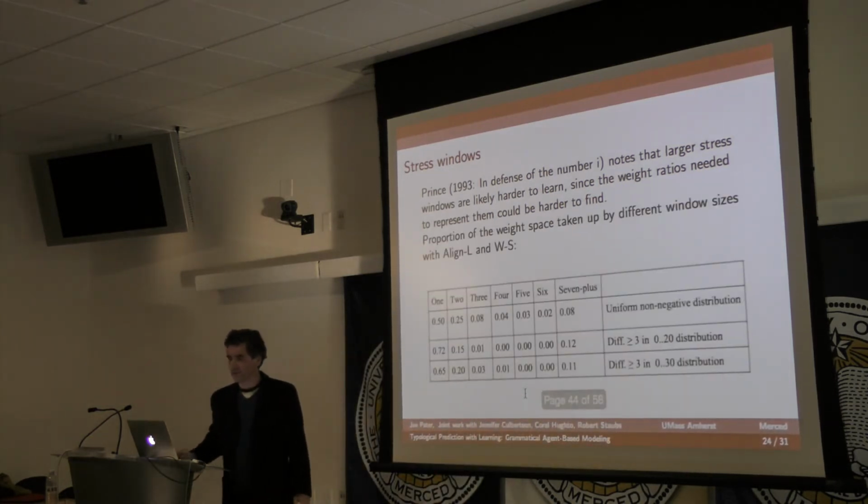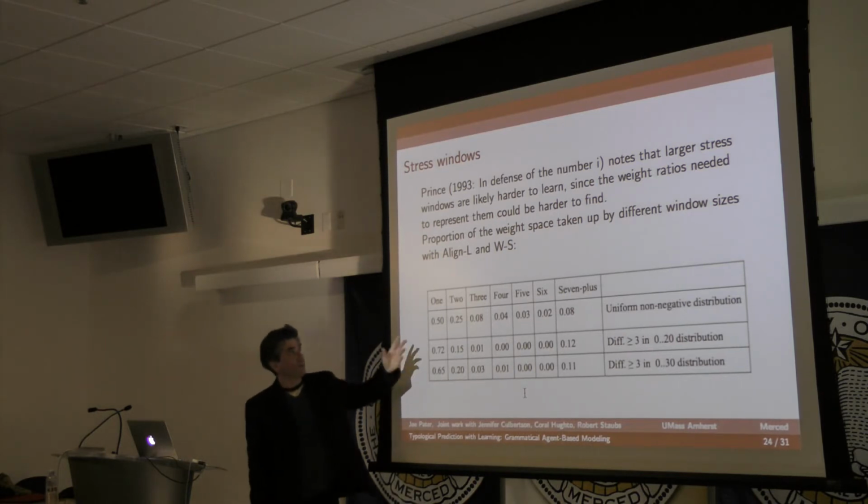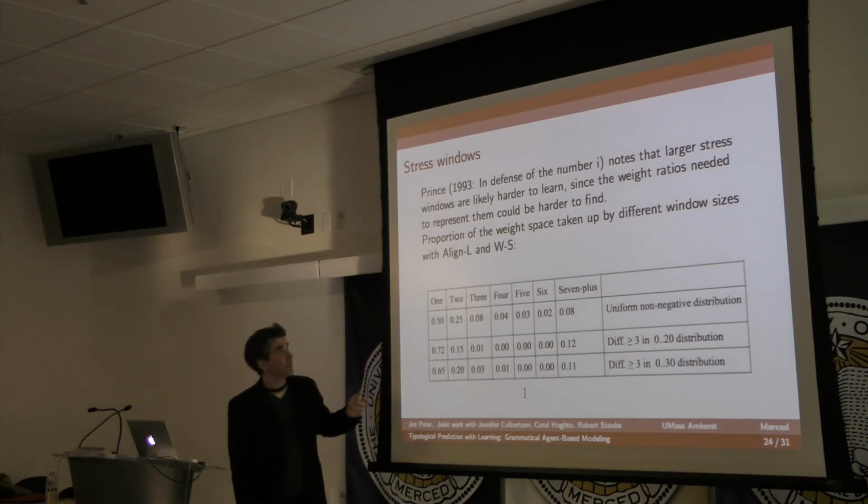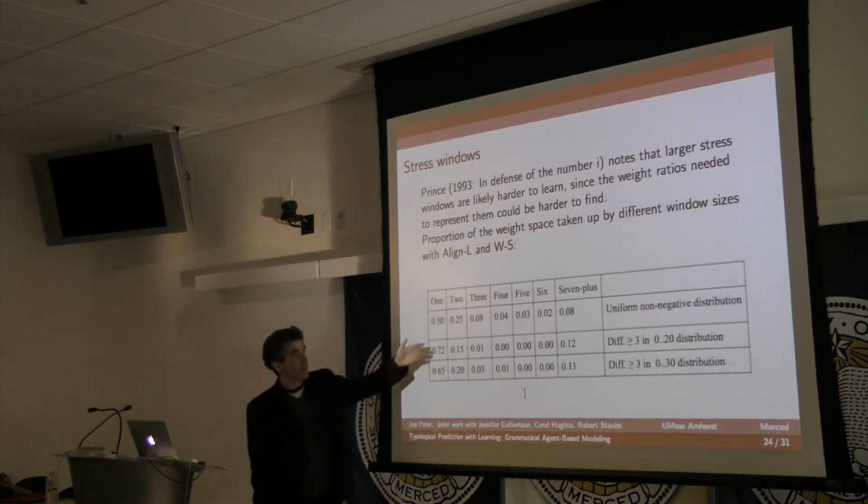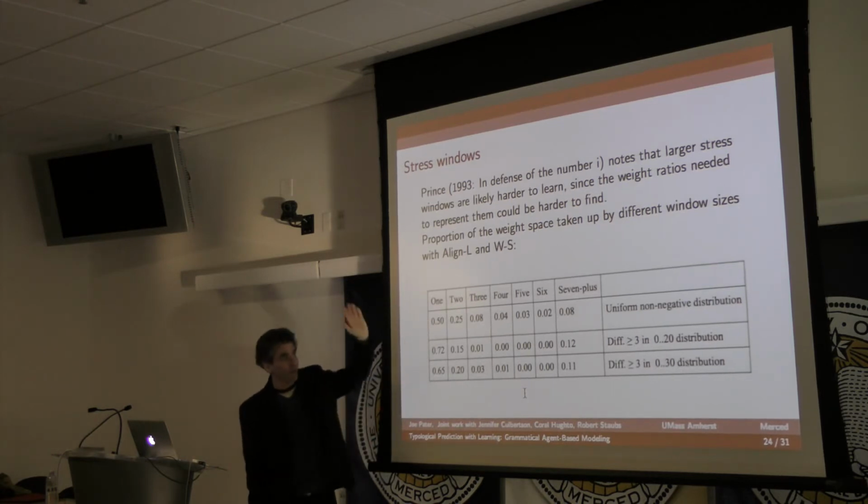So here, what I've done is just show you, with these two constraints that we're working with, the proportion of the weight space that's taken up by different window sizes. If we sample from a uniform non-negative distribution, and we just take the case of which of the two possibilities for each tableau has the highest harmony or highest probability.